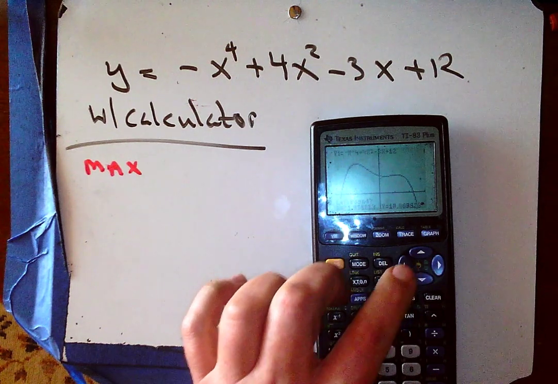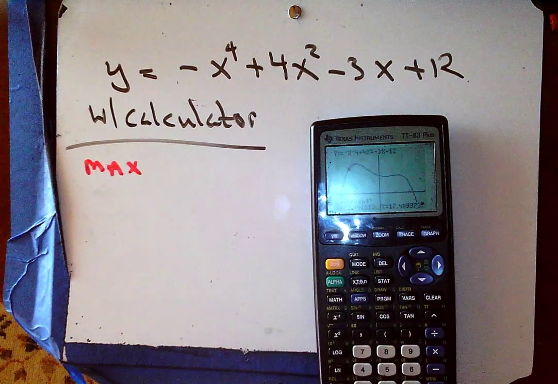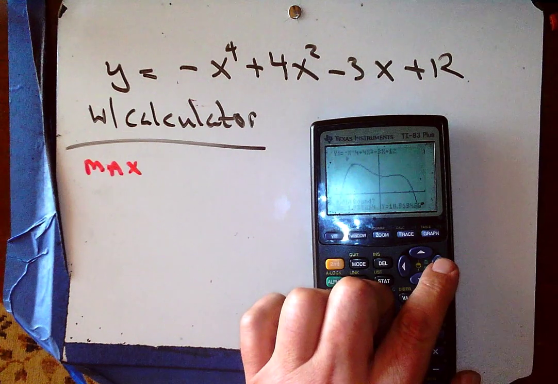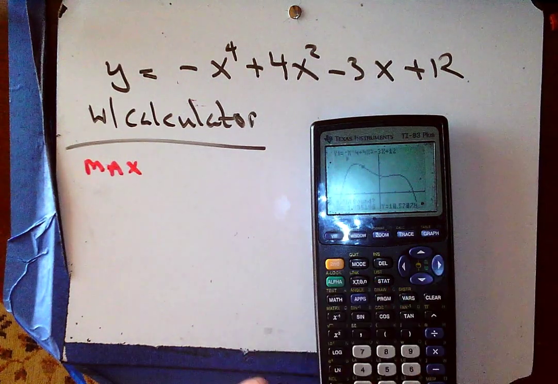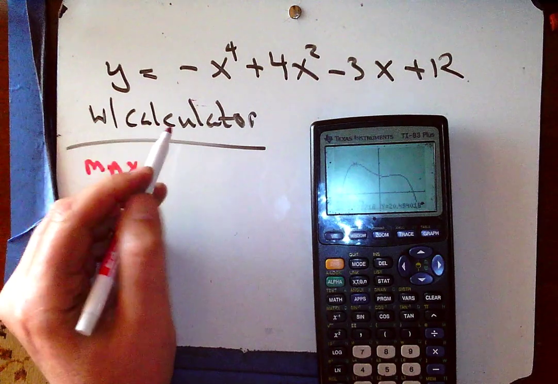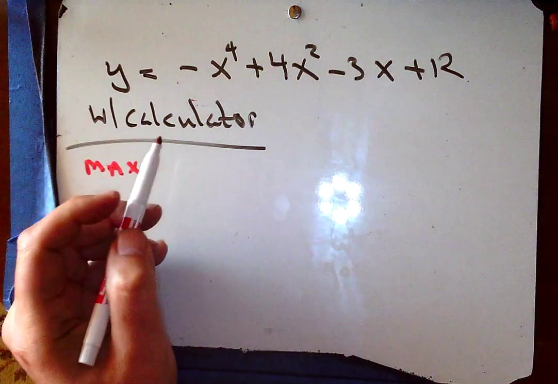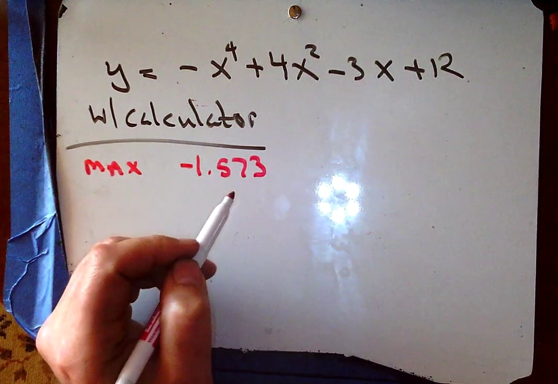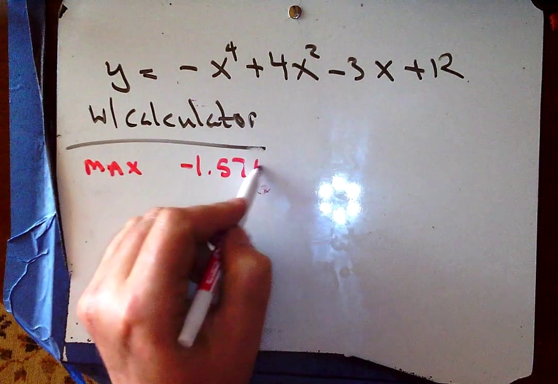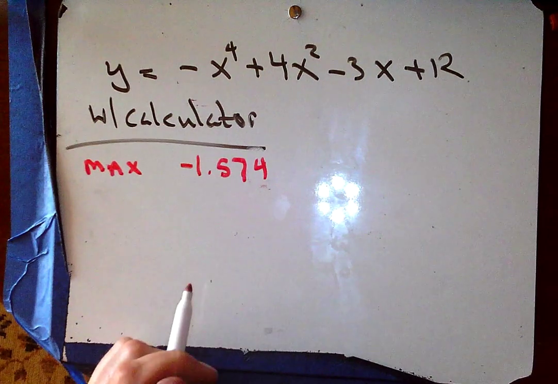Okay, I believe I'm on the left side of the maximum. I hit enter. I go over to the right side of the maximum. I hit enter. Do I want to guess? No, I hit enter. And I get negative 1.573. Well, negative 1.574 because we round to 3 decimal places.